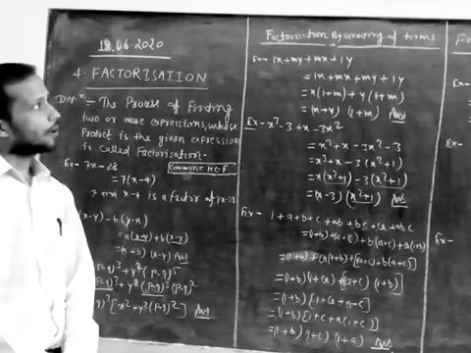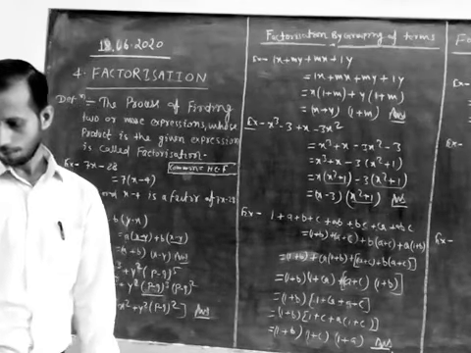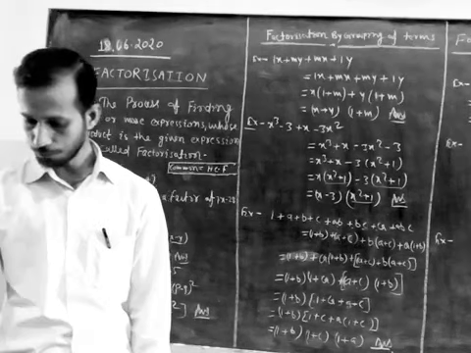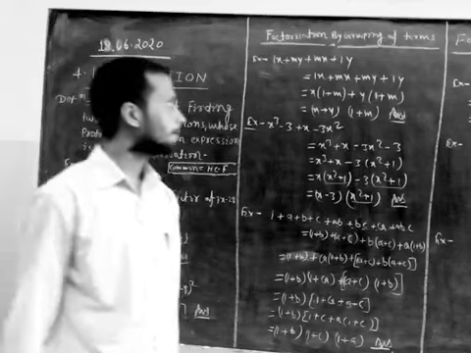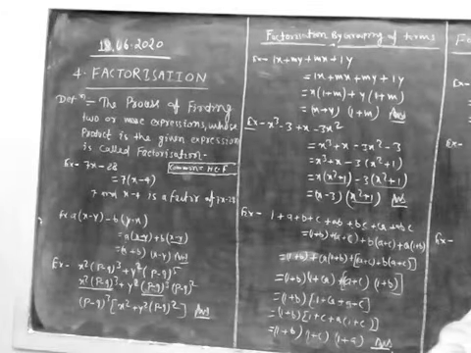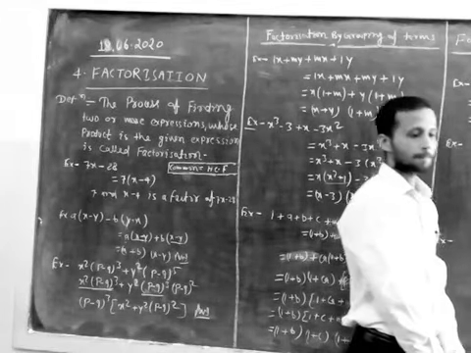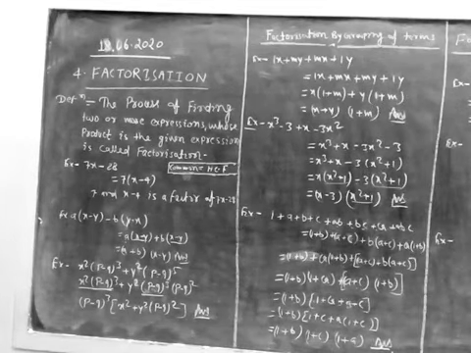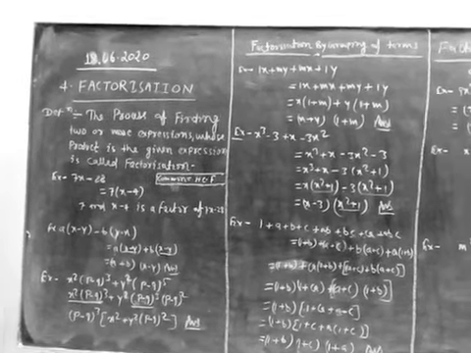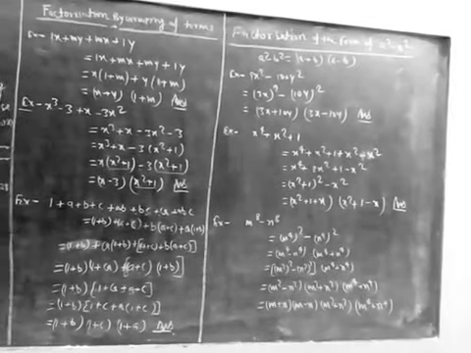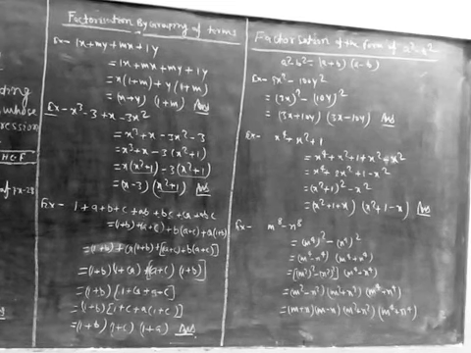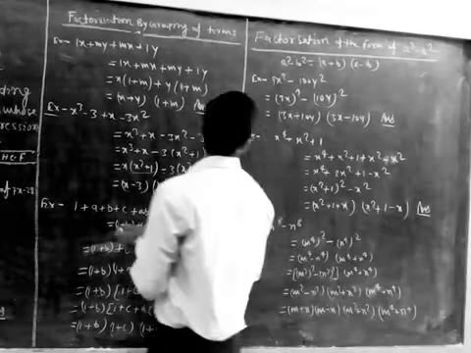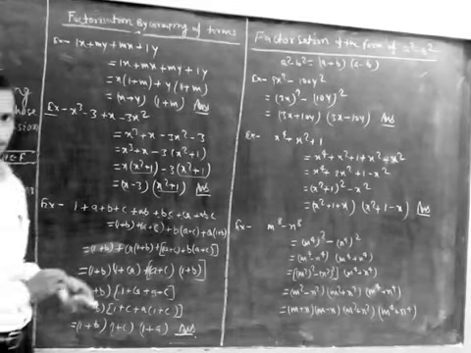Factorization of the form a square minus b square.